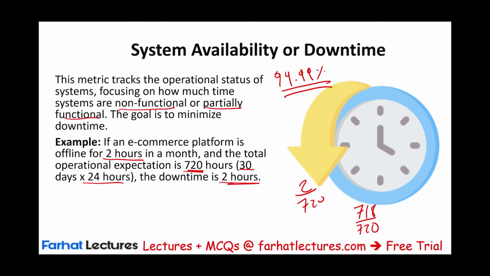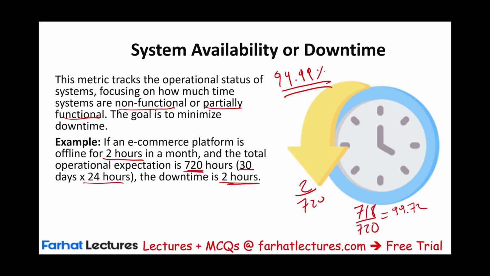Let's calculate these ratios to see what exactly 2 hours of downtime means for your system. If we take 718, it should be very close to 99%, but it's not exactly 99.99. Let's see, 718 divided by 720, that's 99.72, not 99.99.